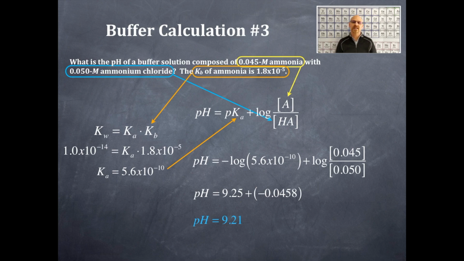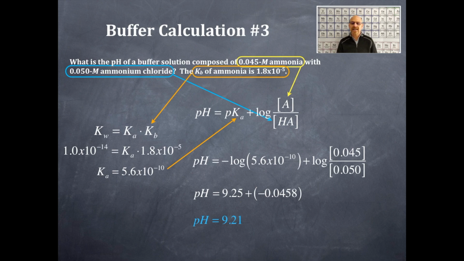This should make sense for you because this is a base, so it should have a pH that is greater than 7. Furthermore, I want to emphasize another fact here, and that is that the pH is greatly dictated by the pKa. You should see on the previous step, right before the pH is equal to 9.21, you got 9.25.